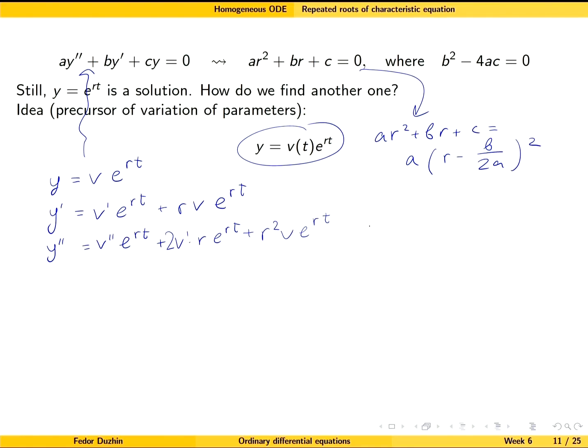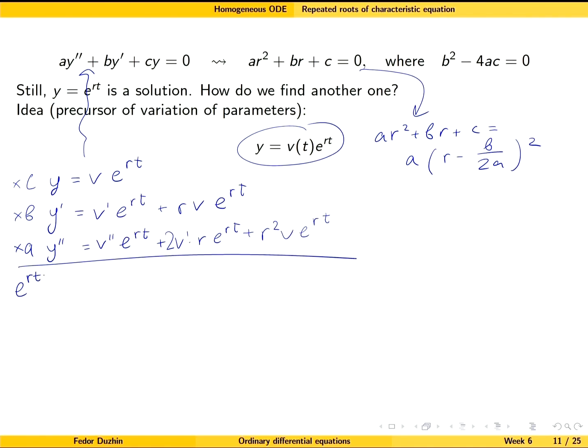Okay, so now when we substitute into the differential equation, the term y double prime should be multiplied by a, y prime should be multiplied by b, and y multiplied by c. So let us do it. And notice that this whole thing is multiplied by e to the rt, so we are going to take it out.